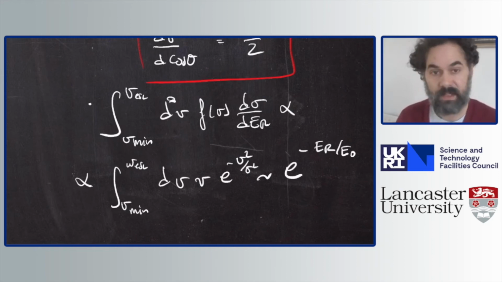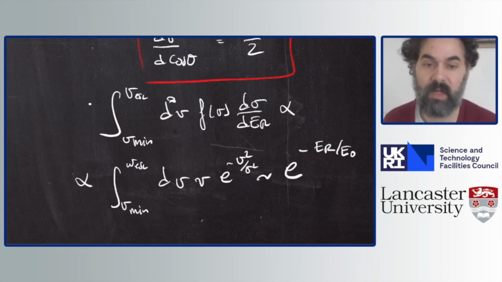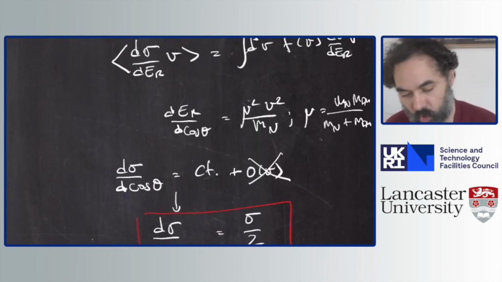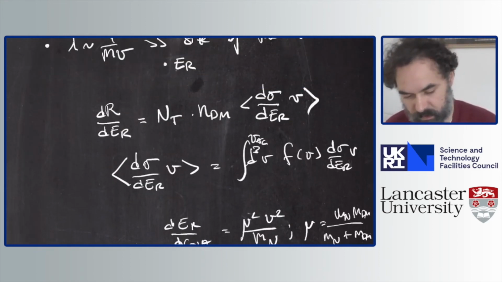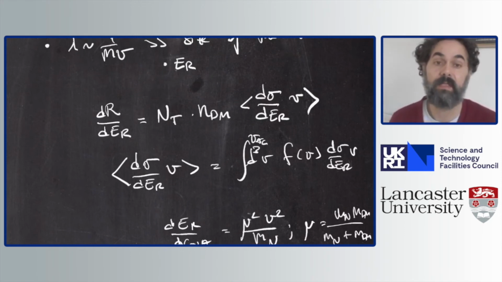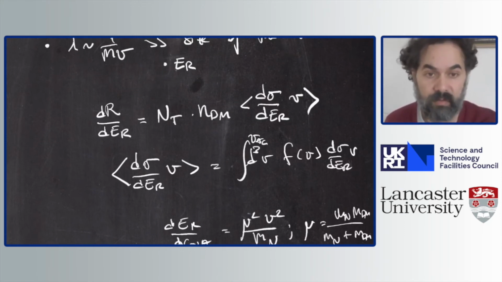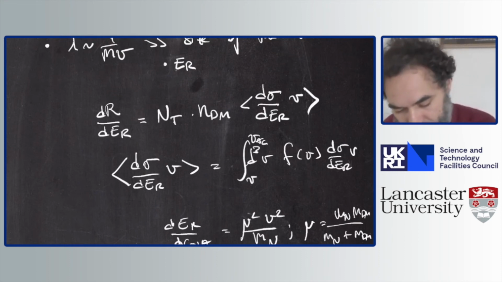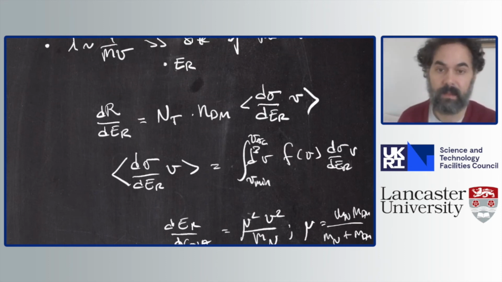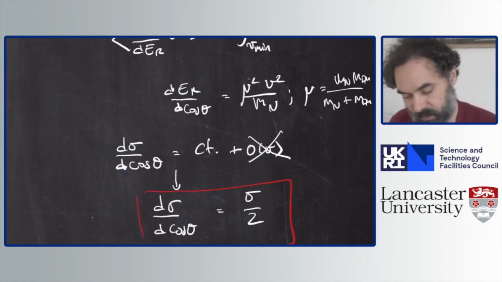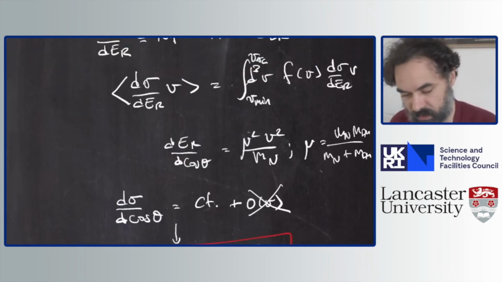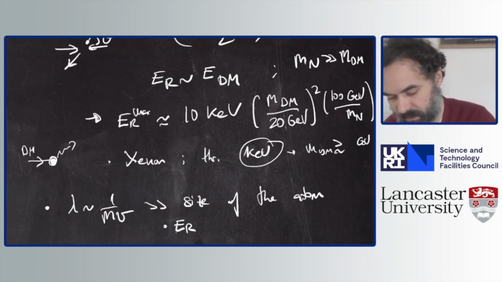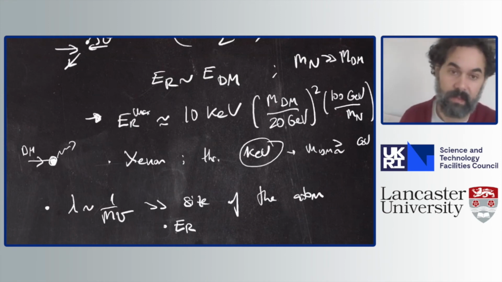What is this zero energy? I didn't tell you what the minimum velocity is. The minimum velocity is there because not all the particles in this distribution are going to generate a signal. Only those above threshold that have enough kinetic energy to generate the signal need to be integrated over. So which are those particles? Those are the particles for which the recoil energy is bigger than this one.